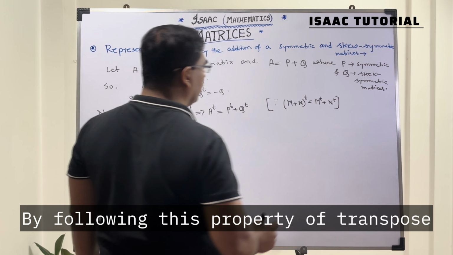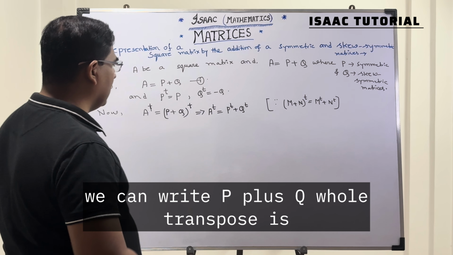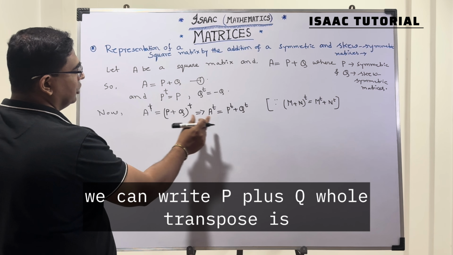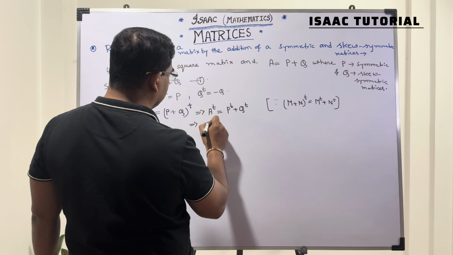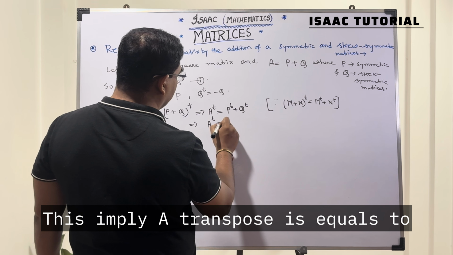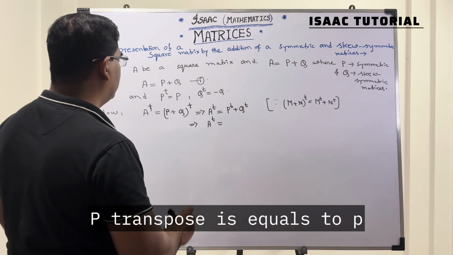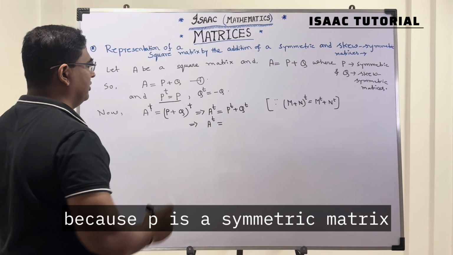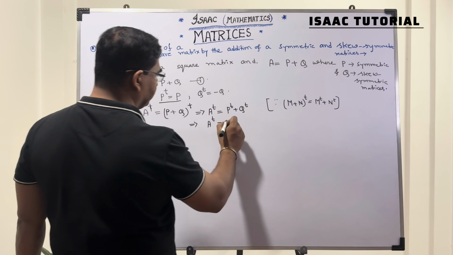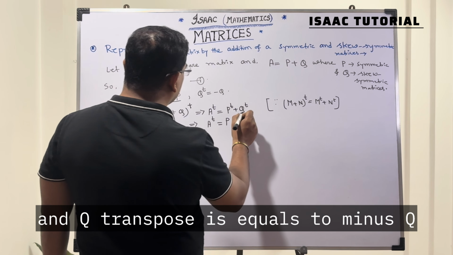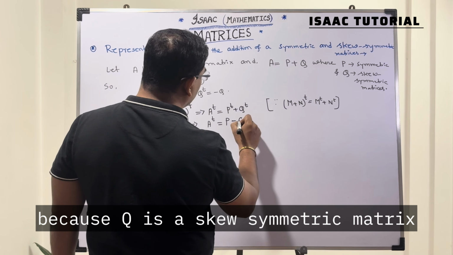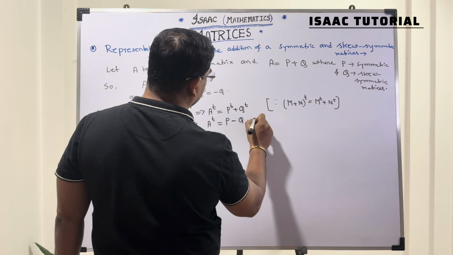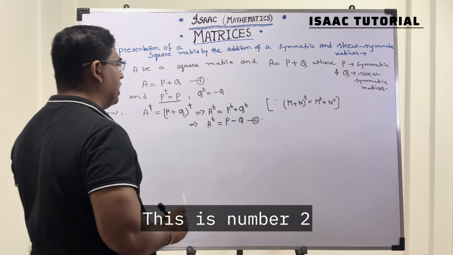This implies A transpose is equal to P transpose plus Q transpose, which is P minus Q, because P is a symmetric matrix and Q transpose is equal to minus Q because Q is a skew symmetric matrix. This is number 2.